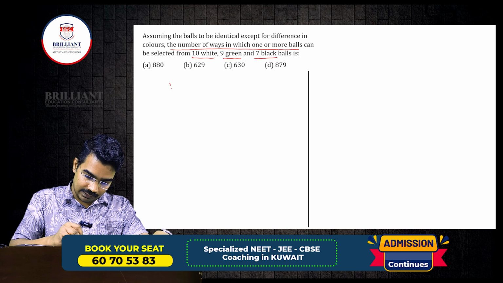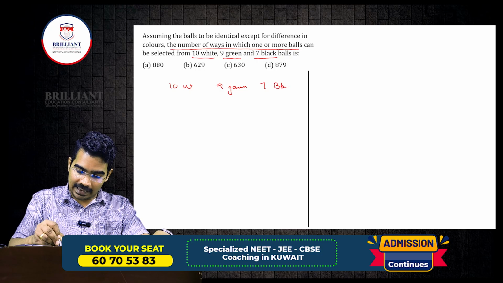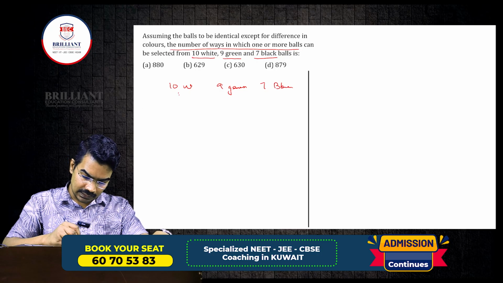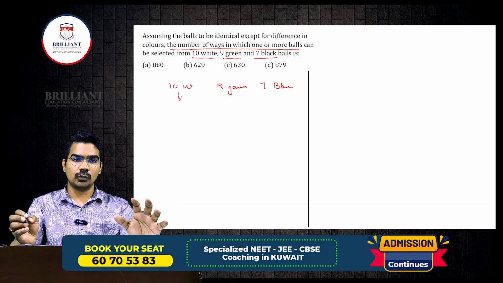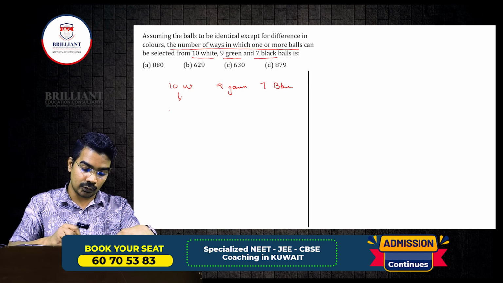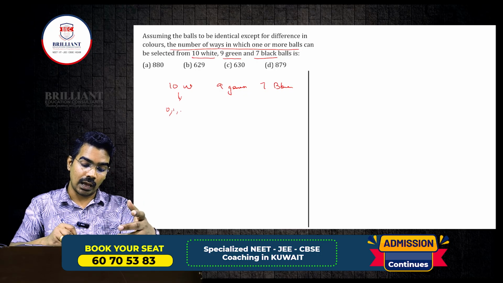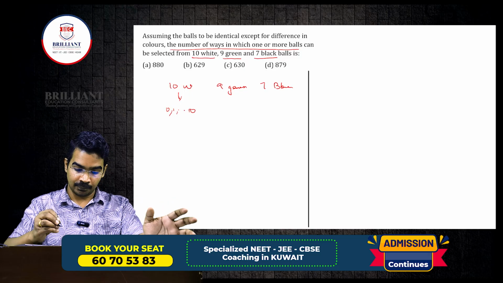So you have 10 white balls, 9 green balls and 7 black balls. Okay, so let's check what are the possibilities to get from the 10 white balls. There is a possibility that you should get 0 white balls, right? Then 1 white ball up to 10 white balls, right?